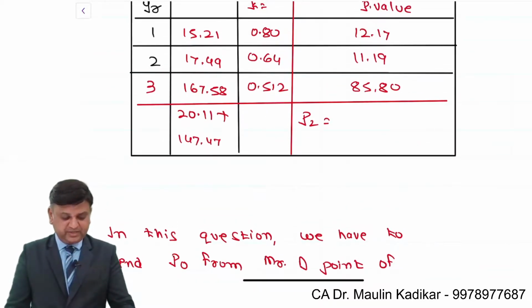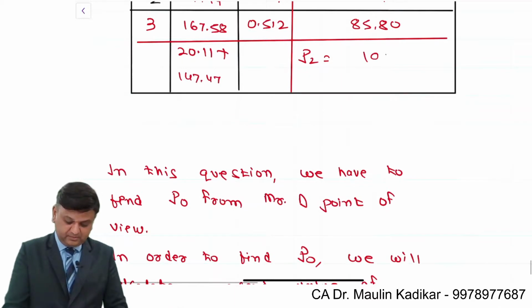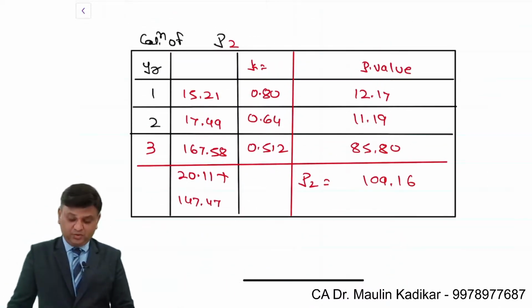So it is 12.17 plus 11.19 plus 85.80, and the total is 109.16, and that is what we understand is P2.